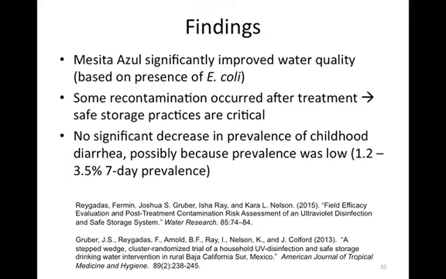So we still think that this Mesita Azul technology is very effective at reducing childhood diarrhea due to many pathogens, with the possible exception of adenovirus and other double-stranded DNA viruses, but we weren't actually able to show that in this study, which was also a pretty small study.